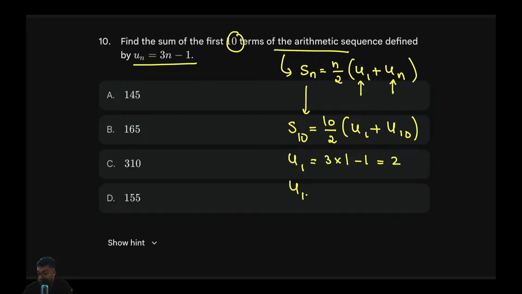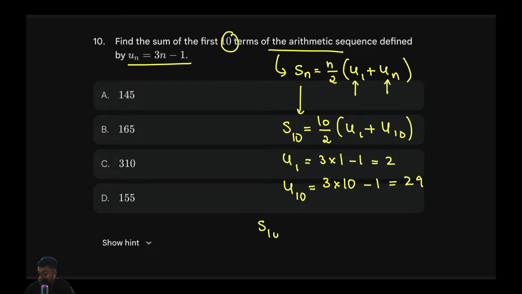What about u10? The same pattern: 3 times 10 minus 1 equal to 29. So S10 equal to 5 times, because 10 divided by 2, times 2 plus 29. So 5 times 31, which is 155. So the answer is D. Okay, thank you.